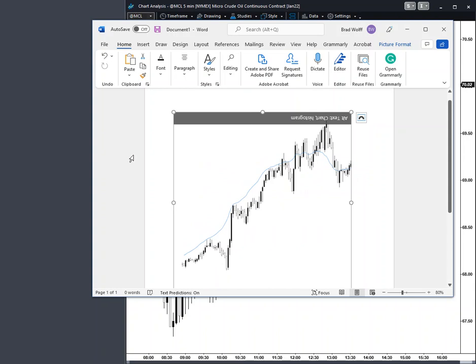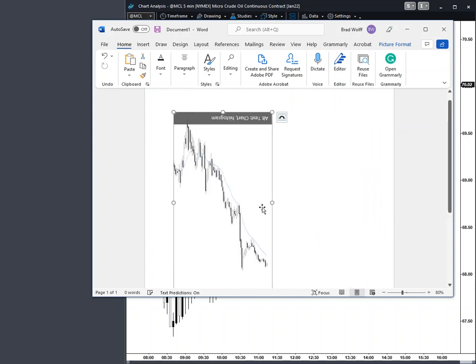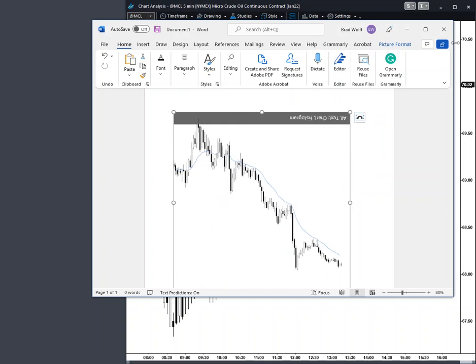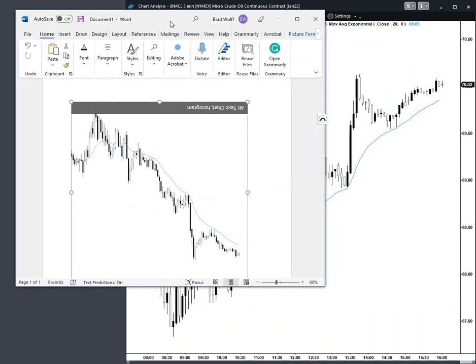I need this part to be on the left and this part to be on the right, so I'm going to just flip the chart around. And now you will see an inverse of crude oil.